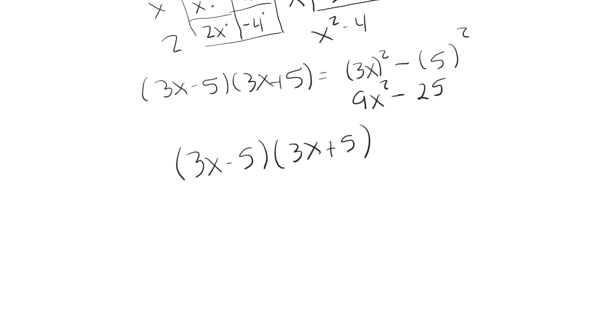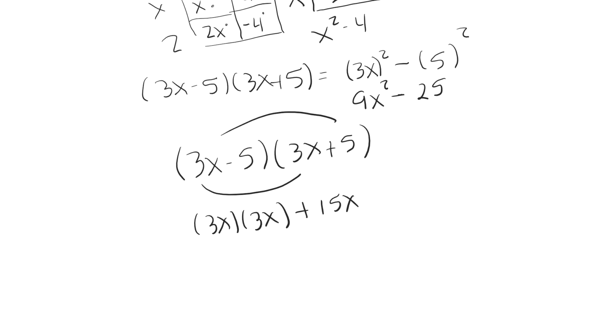So I'm going to go first. 3x times 3x. Outside plus 15x. Inside minus 15x. Last minus 25. These two cancel each other out.